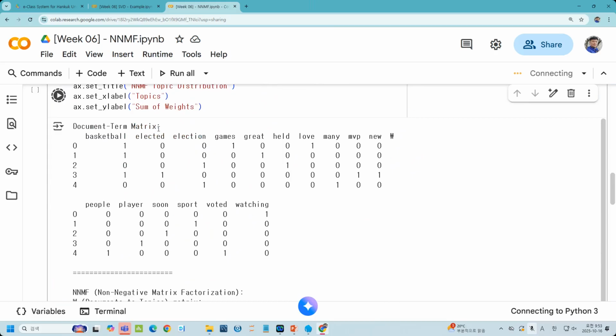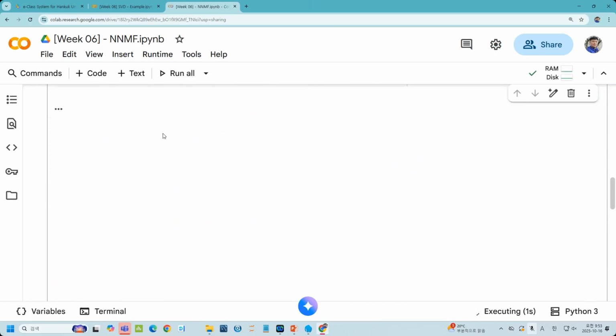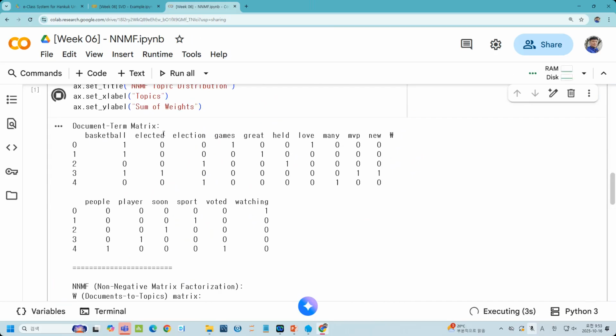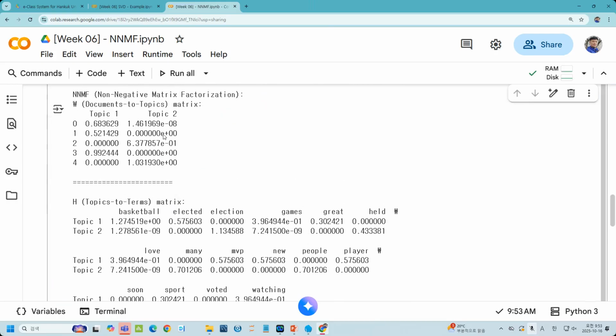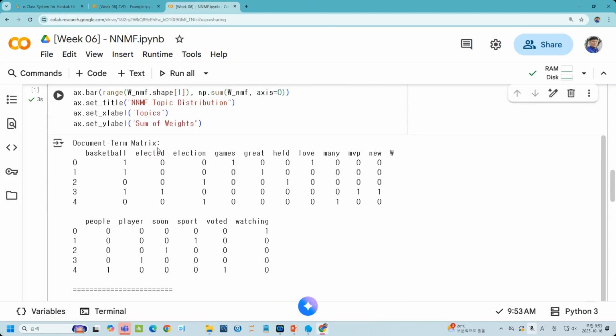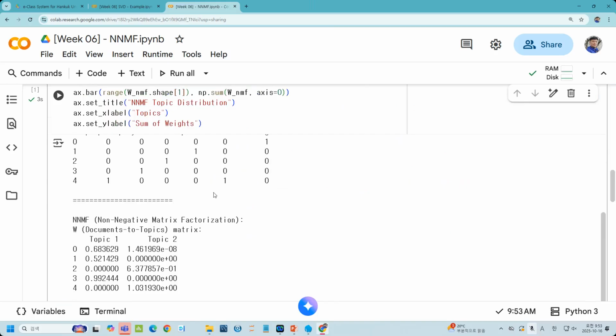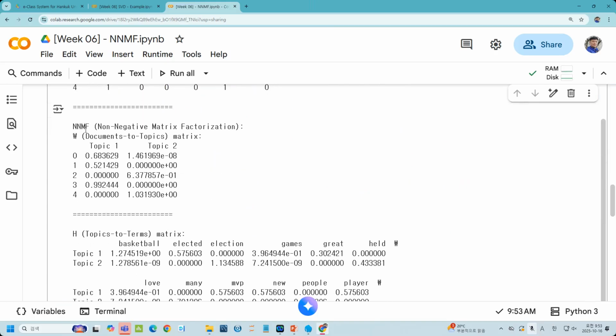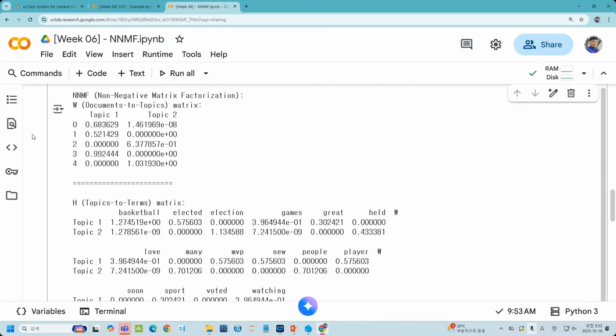There will be the document term matrix, and then the result from the NMF. So you can see here, document 1, topic 1 has a high value compared to topic 2.